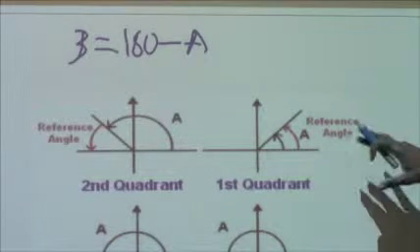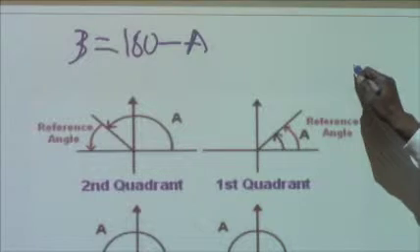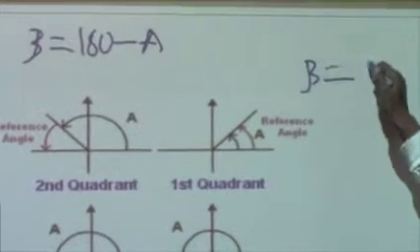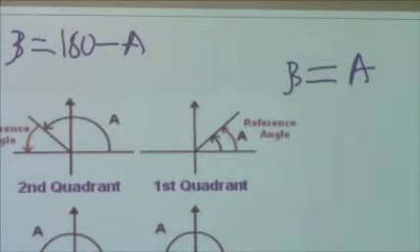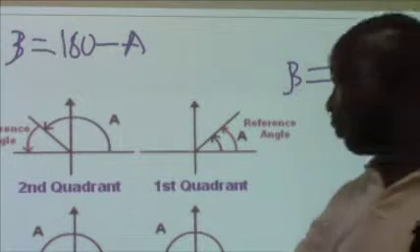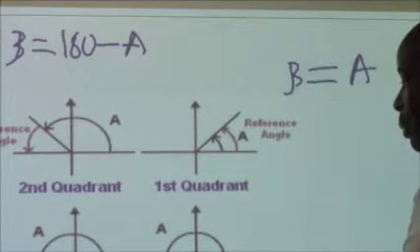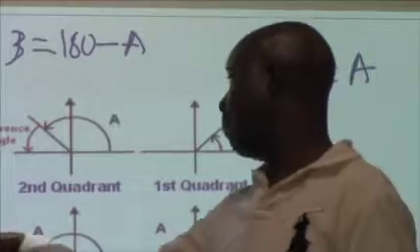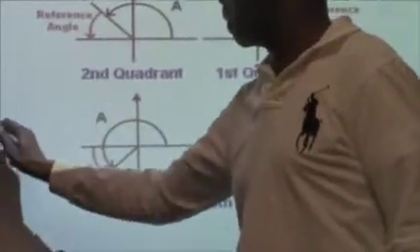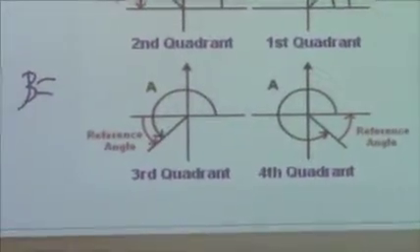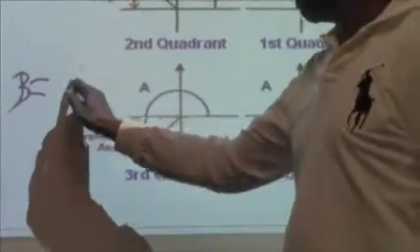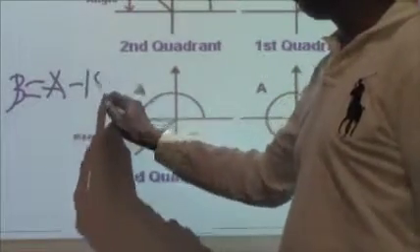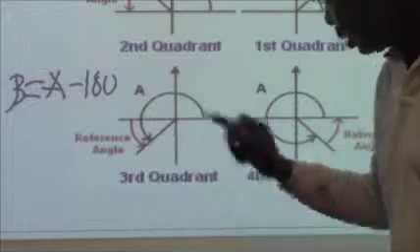Now when an angle is in quadrant 1, the reference angle beta will be equal to A. It's the same as the angle. Now when an angle is in quadrant 3, how do I find the reference angle beta? What I would do is basically the angle A minus 180. See, A is slightly more than 180.